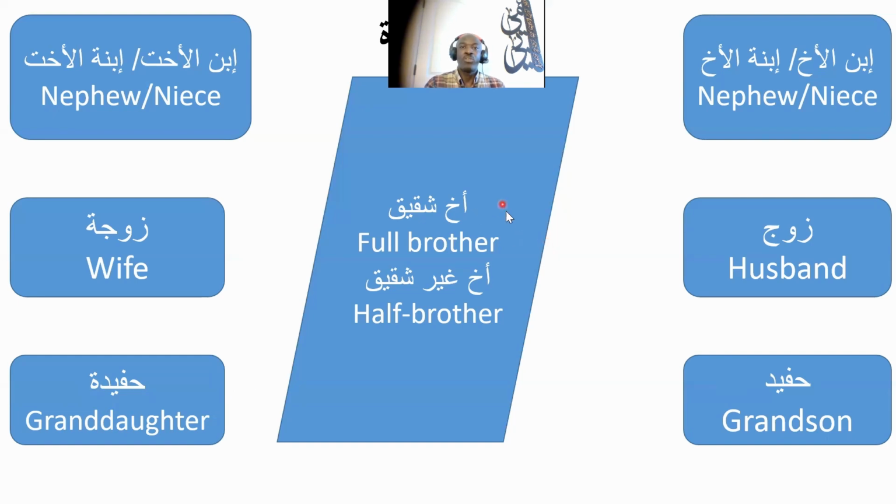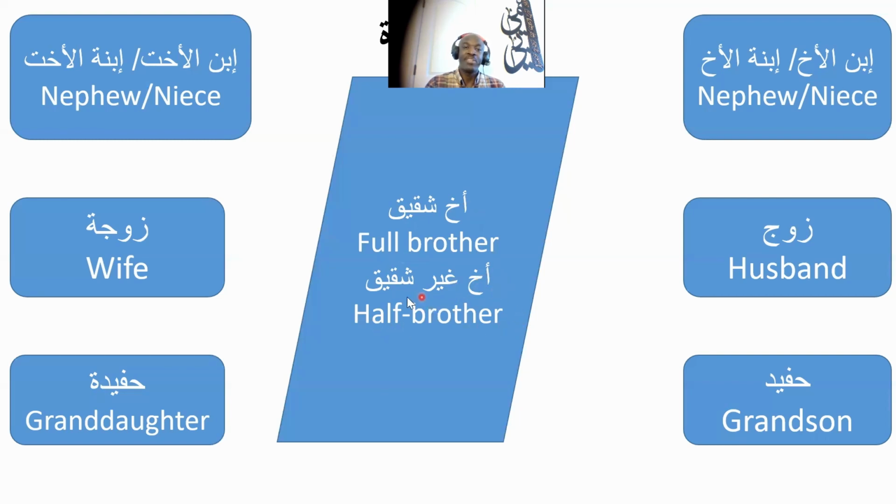Okay, so also we have akh shaqiq. Akh shaqiq means full brother, that means your sibling from the same mother and the same father. So one mother, one father, called akh shaqiq. Akh ghayr shaqiq, that is half brother.